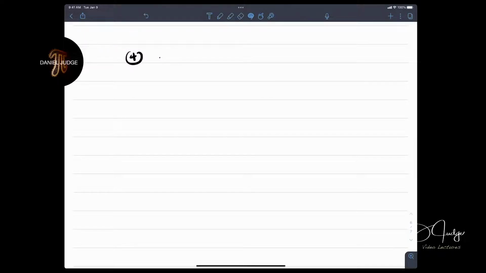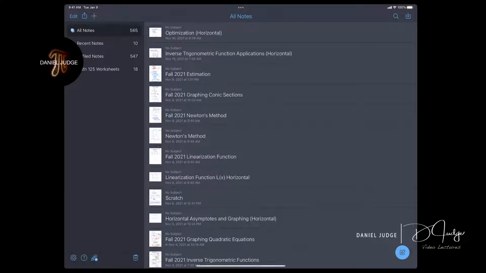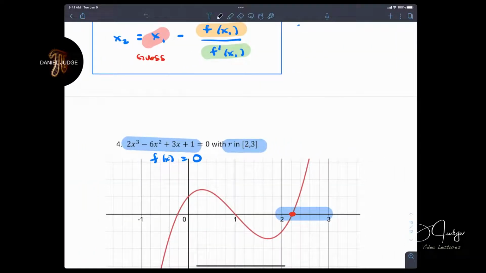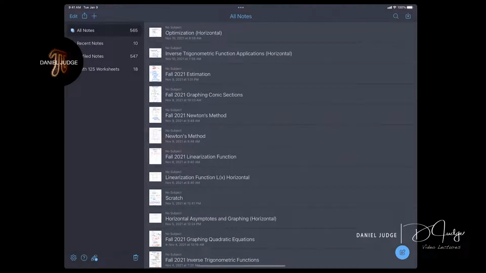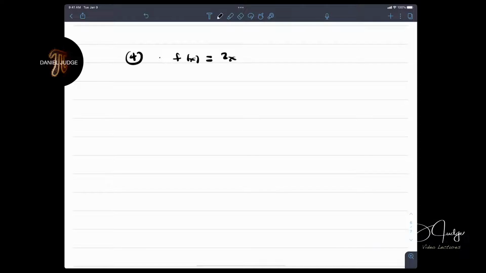Looks like it didn't let me copy it, so I'm going to have to write down the function. f of x was 2x cubed minus 6x squared plus 3x plus 1, and I believe the interval is between 2 and 3. Okay, that's the location. 2x cubed minus 6x squared plus 3x. So let me double check.